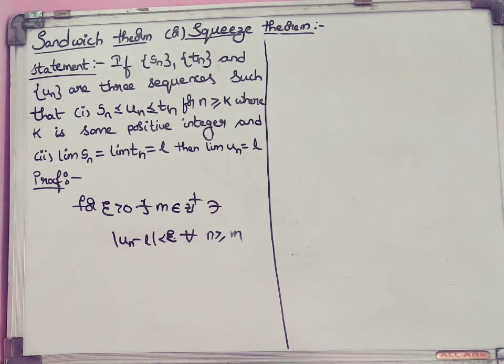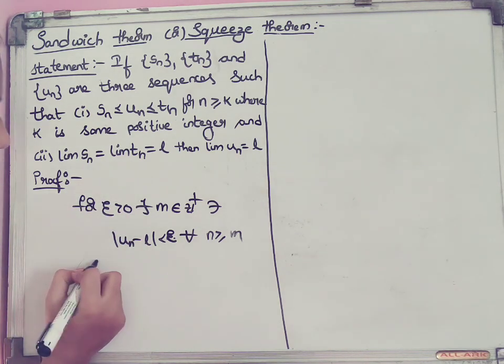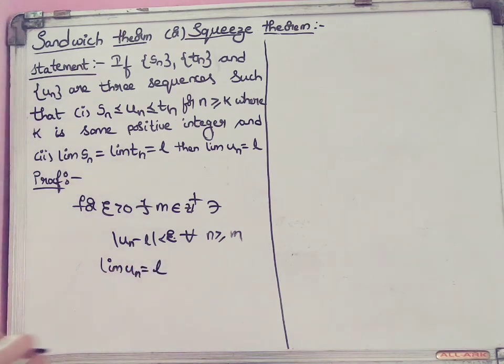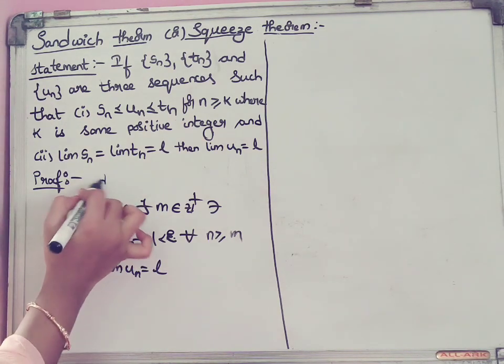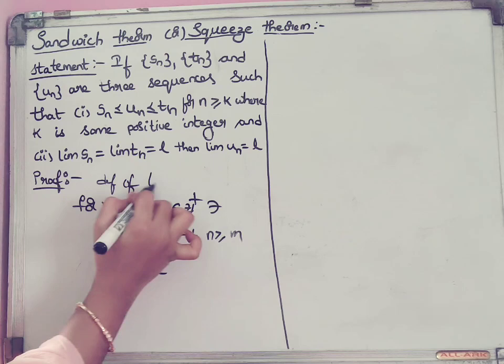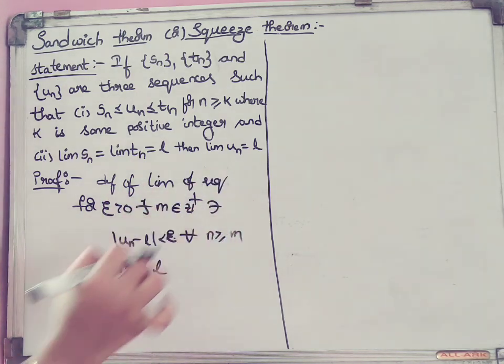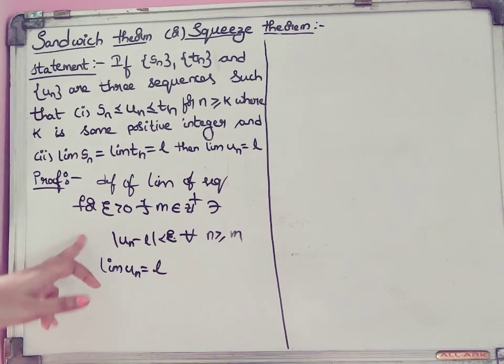M. Okay. This is the condition for limit of a sequence. If we prove this condition, then we can write limit Un is equals to L. This is the definition of limit of a sequence.